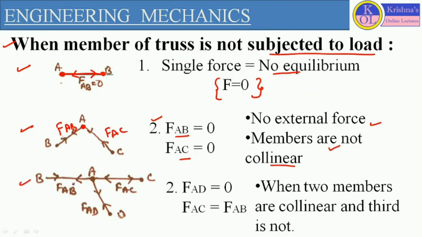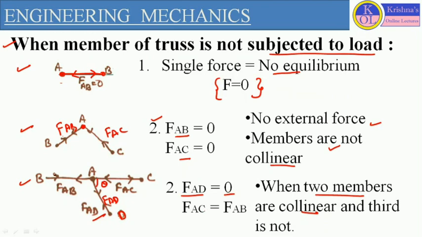Now the third condition is when we are considering three members AB, AC and AD. This is AD. And members AB and AC are collinear. So when two members are collinear and the third member AD is not collinear, acting at a particular angle with one member, for example AC, and these three members are not subjected to external load, in that case the force on the member which is not collinear, FAD, the actual load on member AD, will be 0.